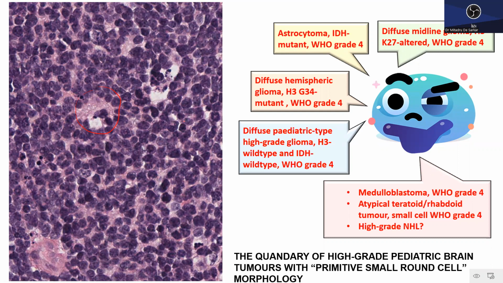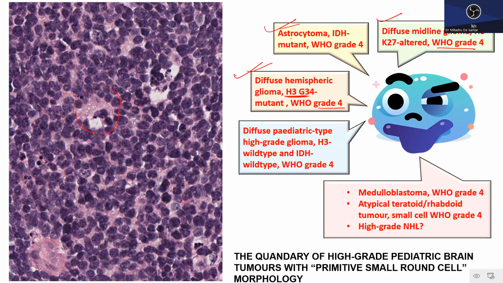But in the present day, before reaching that particular conclusion, you will have to have lots of different entities in your mind. For example, if it is in the midline, you will need to ask whether this case could be a diffuse midline glioma, H3 K27 altered, which gets a grade of 4. If it is in the cerebral hemisphere, you will need to ask yourself whether it is a diffuse hemispheric glioma, H3 G34 mutant, which also gets a grade of 4.